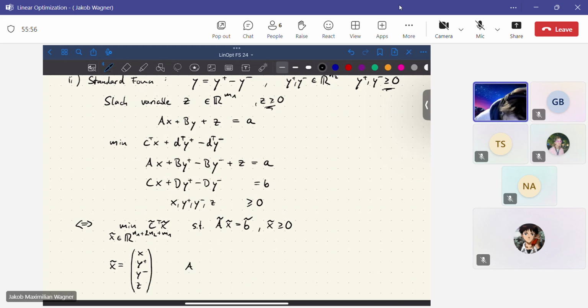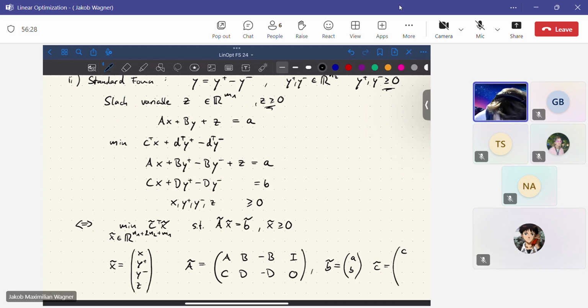And the new matrix is the matrix, again, blockwise, A, B, minus B, and the identity matrix. And we have C, D, minus D, and a 0 block. And the b tilde is just a and b collected together, and our objective vector is c, d, minus d because of the split in the y's, and 0 because the slack variables don't enter in our objective function.